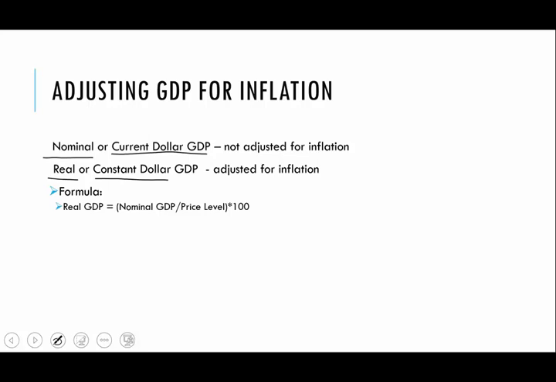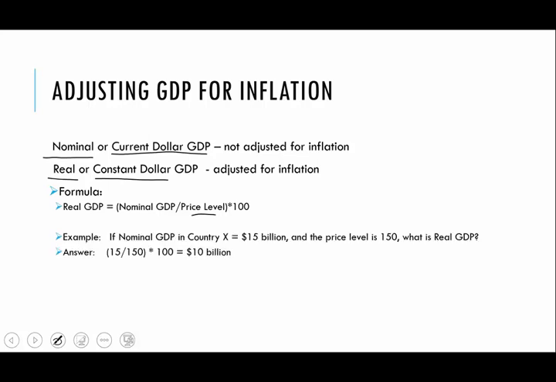So don't worry too much about that if you haven't. We'll go through an example right now, and I'll give you the price level. So if nominal GDP in country X equals 15 billion and the price level is 150, what's real GDP? Simple algebra. 15 divided by 150 times 100 equals 10 billion.